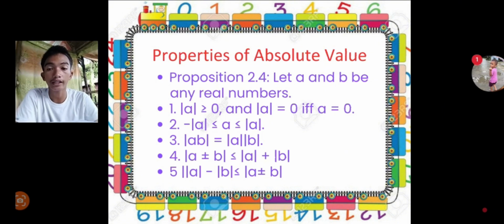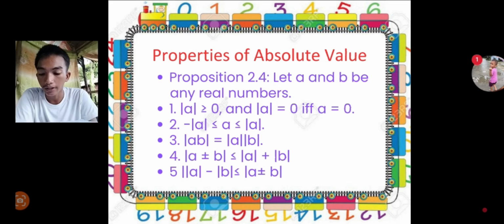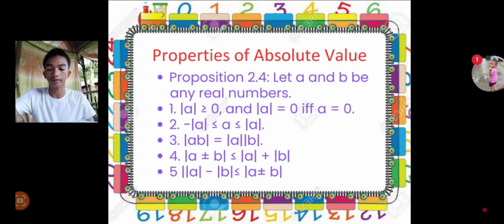Reverse triangle inequality: the absolute value of the difference of the absolute values of a and b is less than or equal to the absolute value of a minus b. This is related to the triangle inequality.